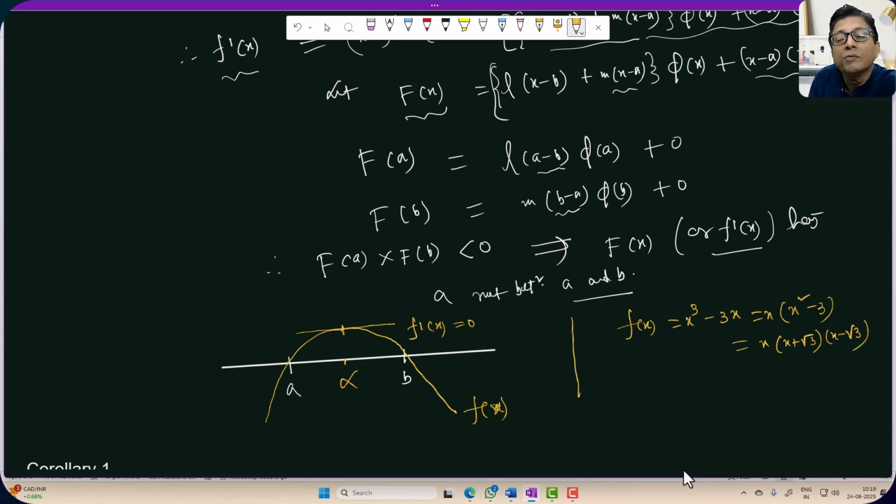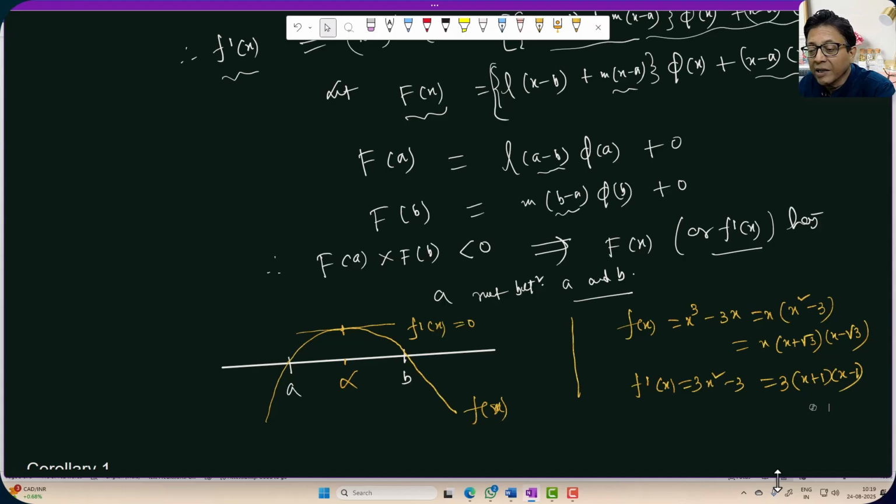So, what do you observe? There are 3 zeros of fx: 0, minus root 3, plus root 3. What about f dash x? This is 3x square minus 3, 3 into x plus 1, x minus 1. Clear?